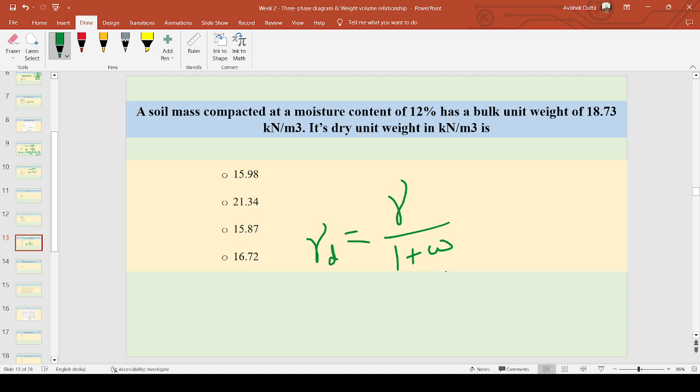What is the answer? 16.72. Yes, 16.72, option D, the last option. Don't forget this formula. It is very important to find the dry unit weight from the bulk unit weight. Okay. Next question.